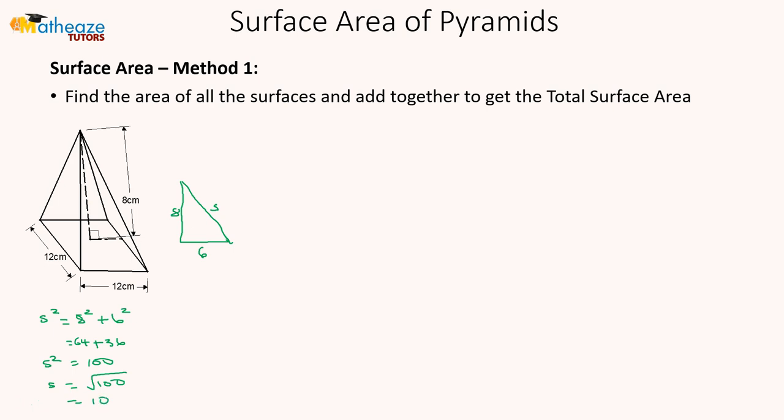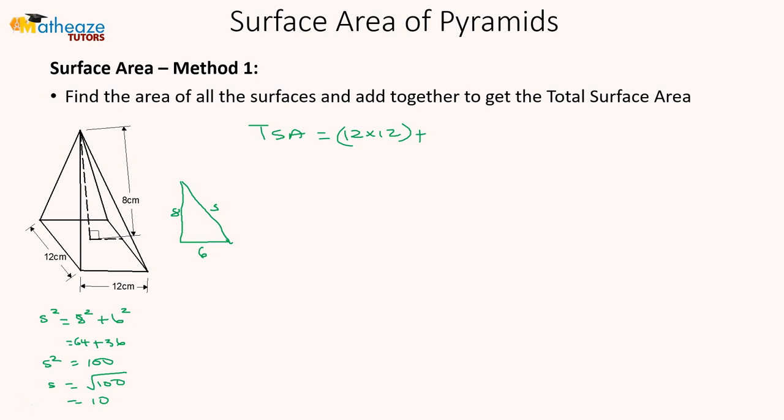So first thing we're going to do is total surface area is going to be the area of the base, it's a square base, which is 12 times 12, plus we have 4 triangular surfaces.